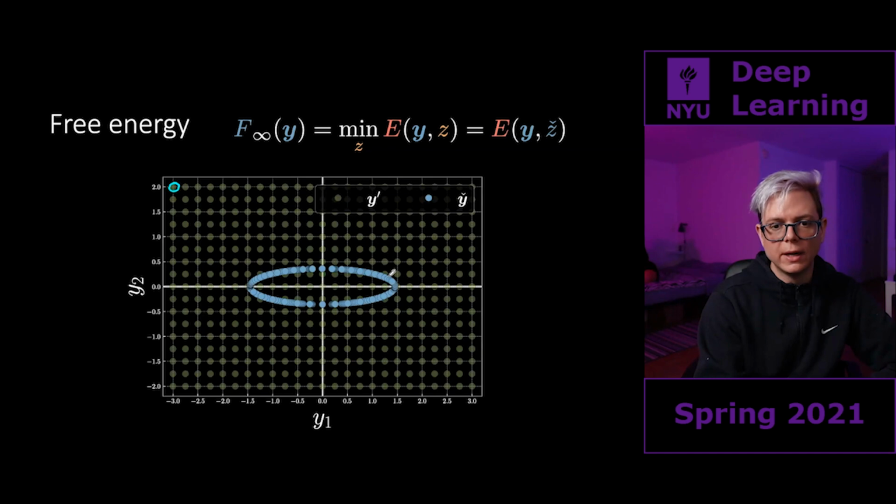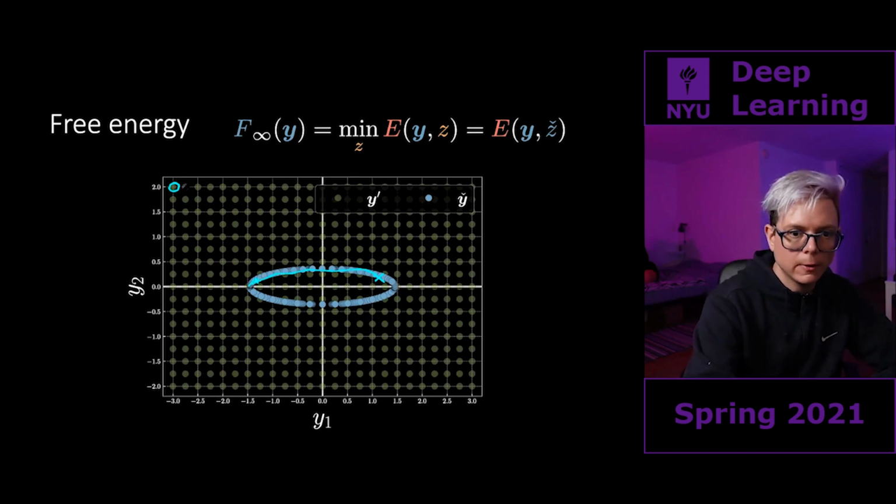Let's say we initialize with some possible latent that gets decoded over here. I run gradient descent, so I basically move down in this direction, and we get to a location that is basically over here. Then my free energy is going to be the square distance from that location.